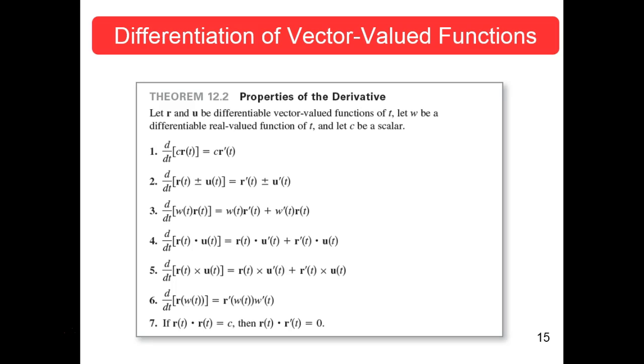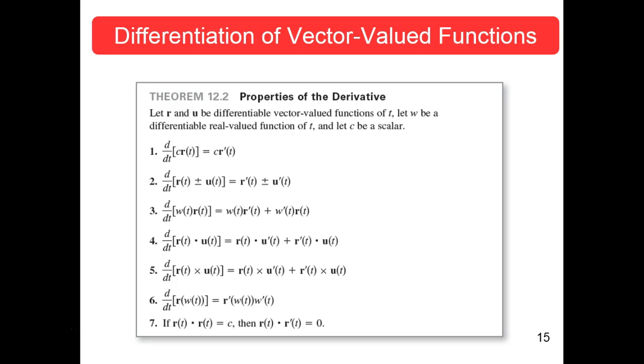Now, the next one, this is sort of the composite rule. But notice the composite here. Derivative of a composite of a vector function composed with a scalar function. Vector function of a scalar function is the derivative of the vector function at that same value of the scalar function times the chain rule derivative of the scalar function.